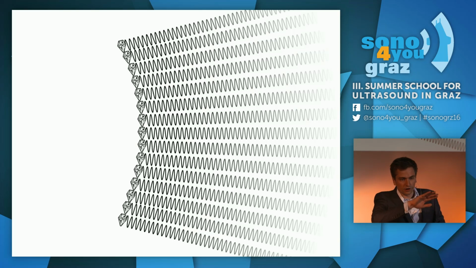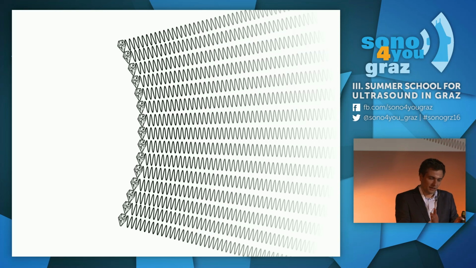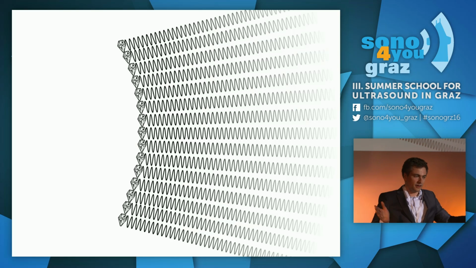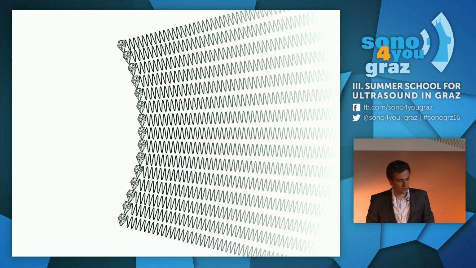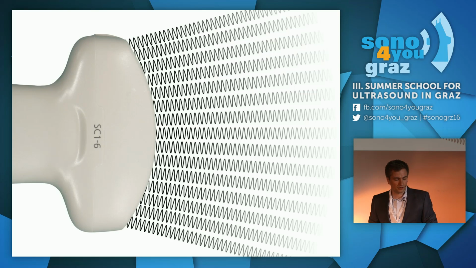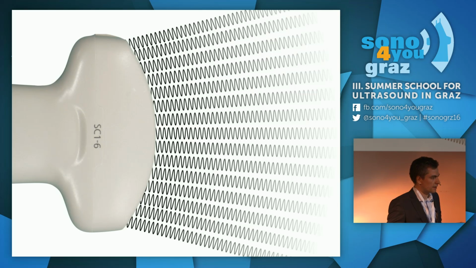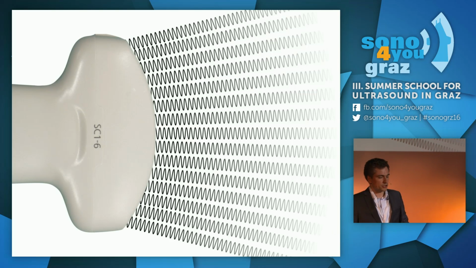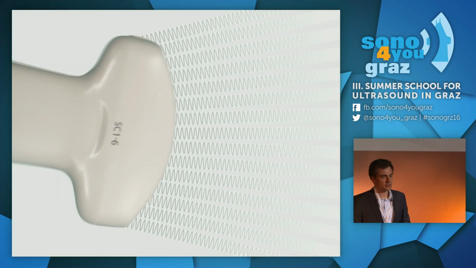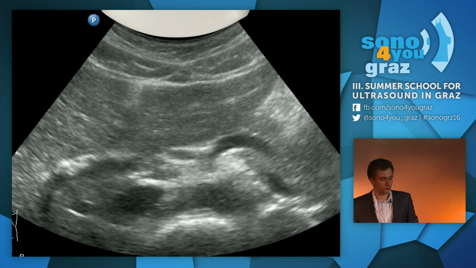You want to have them in a round shape, going like this into the body, so that you can also see a little more white in the depths. You might notice that this is familiar for you. This is the abdominal probe, the curved linear probe. Deeper frequencies penetrate more deeply, and the spreading of the beam gives you a really good wide image in the depths. And this is what it actually looks like if you do an exam.